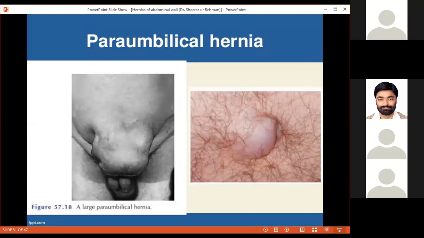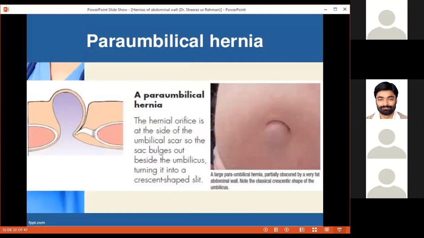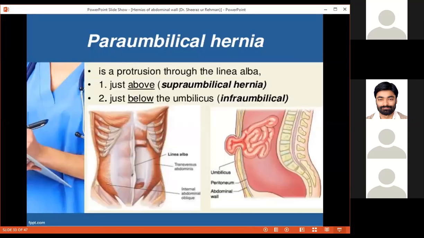Paraumbilical is by and large far more common in females than in males because of childbirth and pregnancy. Okay? So in a paraumbilical hernia, the hernial orifice is at the site of the umbilical scar, so that the sac bulges out beside the umbilicus. That is the main discriminating point. It doesn't go through the umbilicus, but it bulges outside. That is why it is called a crescentic shaped slit.